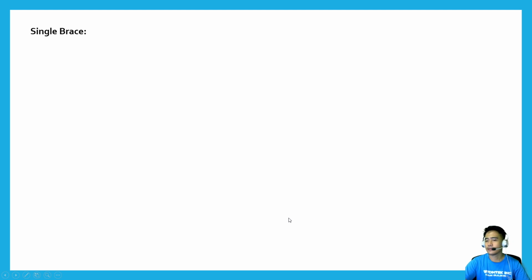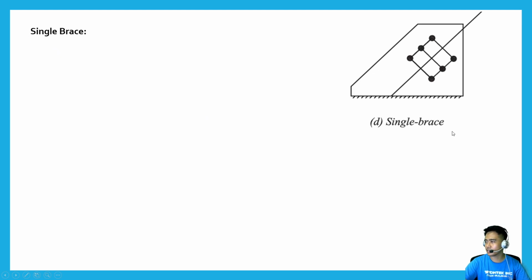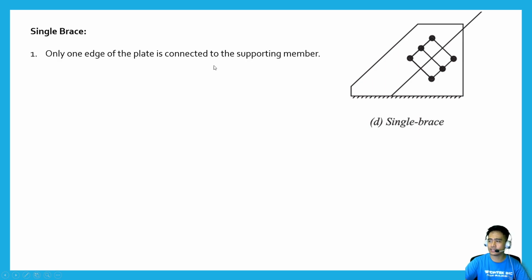Next, the next main gusset configuration is single braces. So here's an image of a single brace. First, only one edge of the plate is connected to the supporting member. Second, only a single brace is connected to the gusset.